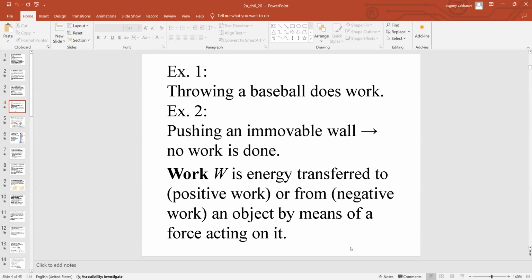So make sure you understand that force can be in one direction, displacement can be in the other direction, and then the angle between the two can be anything. And you have to consider three things for calculating work in the first place. And drawing a good sketch is still a very good idea. It will help you to see what kind of angle we're talking about between those two vectors.